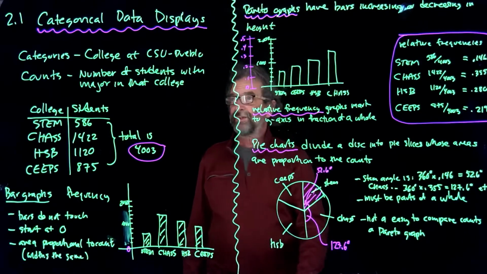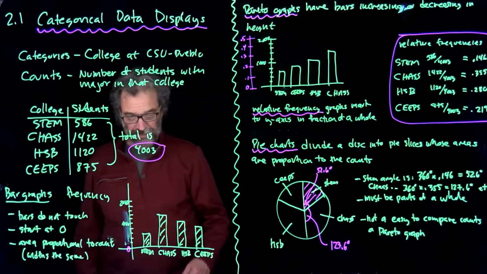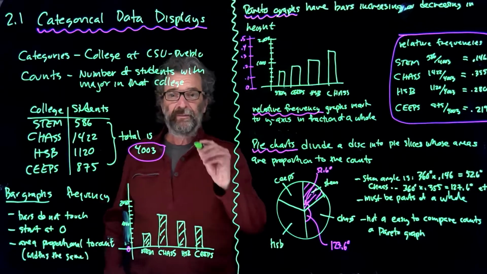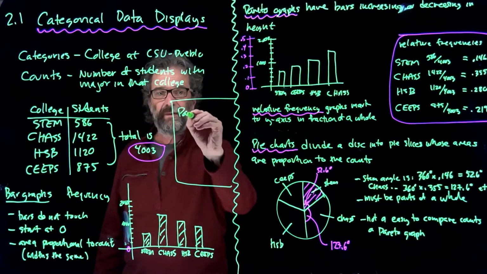So that's the first set of categorical data displays. Now this particular kind of data is important because what we're thinking we have here is parts of a whole.